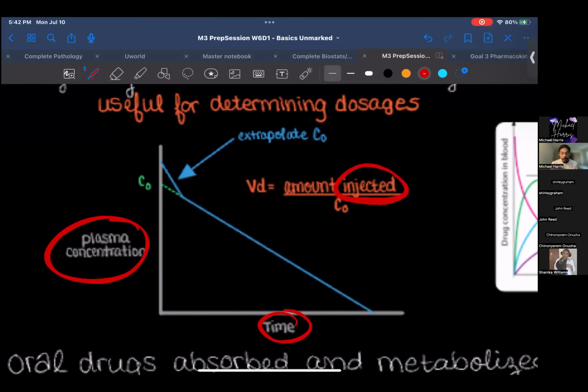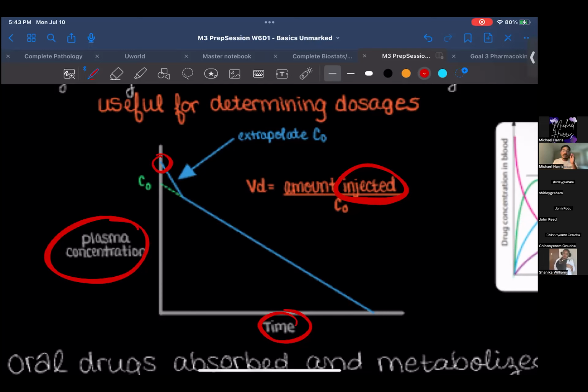If you remember, bioavailability is 100% with injected drugs, right? However, when you're calculating the volume of distribution, it's hard to depict what point you use on the graph pertaining to plasma concentration.